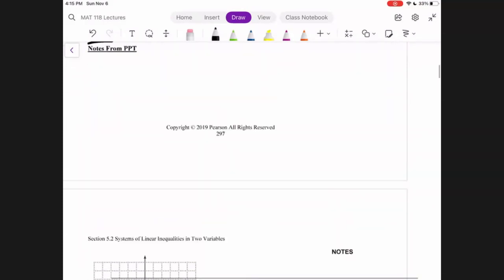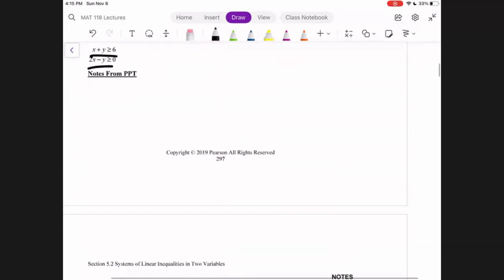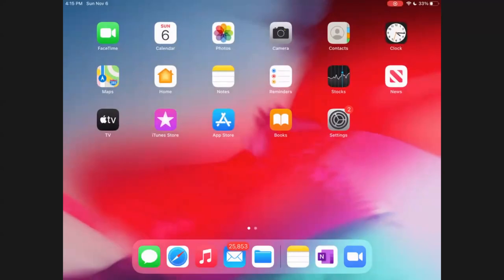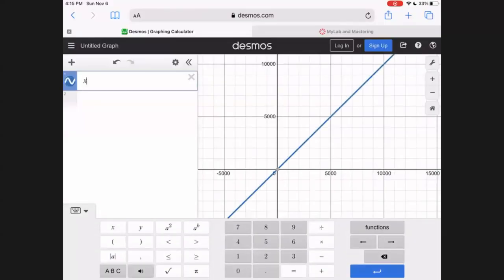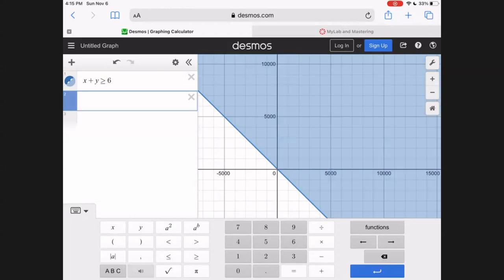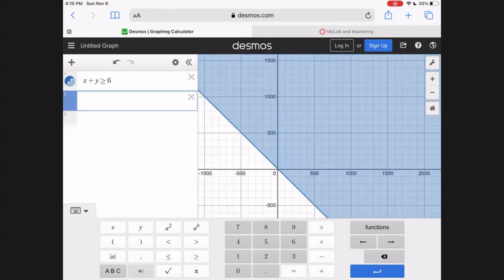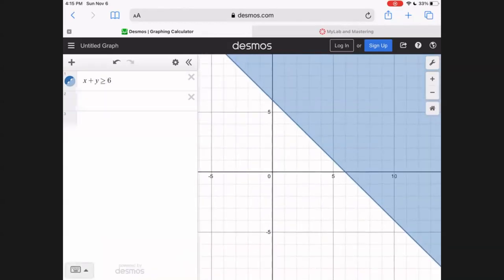So we have x plus y is greater than or equal to 6. Let's go to Desmos. Right, so we have that blue line here. We see the intercepts are 0, 6, that's the y-intercept, and the x-intercept is 6, 0.